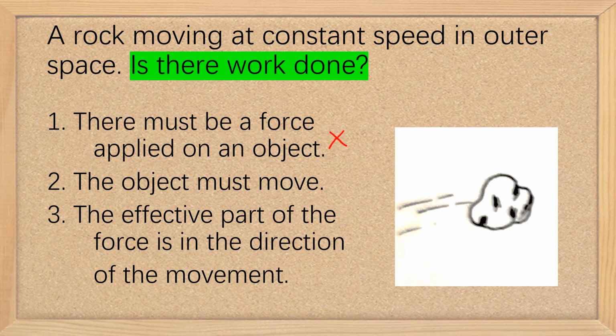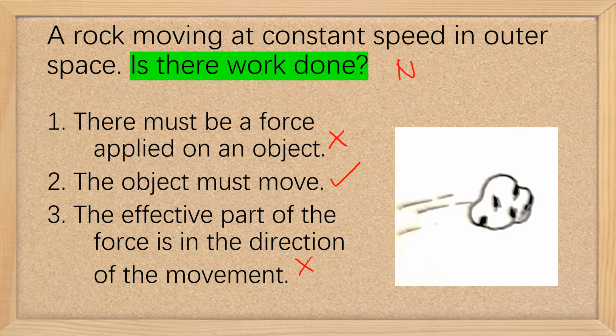The object must move. Moving at a constant speed tells us that the object is really moving. And the effective part of the force is in the direction of the movement. The object is moving, however, there's no force applied, so this one is wrong. So the question is, is there work done?